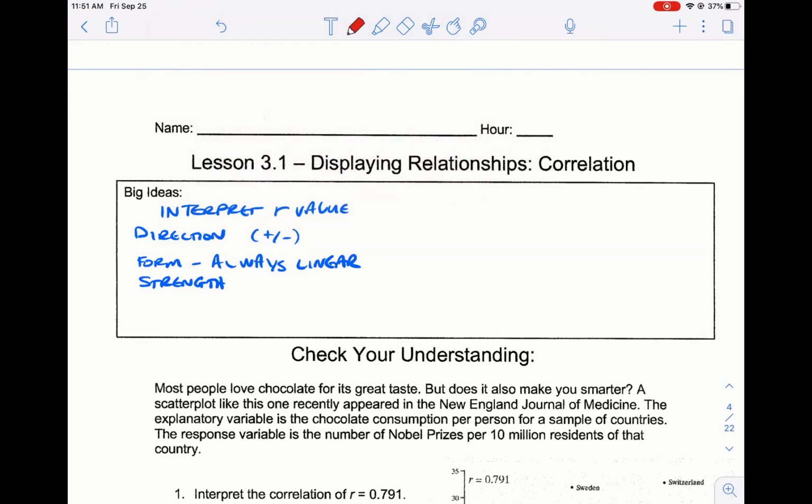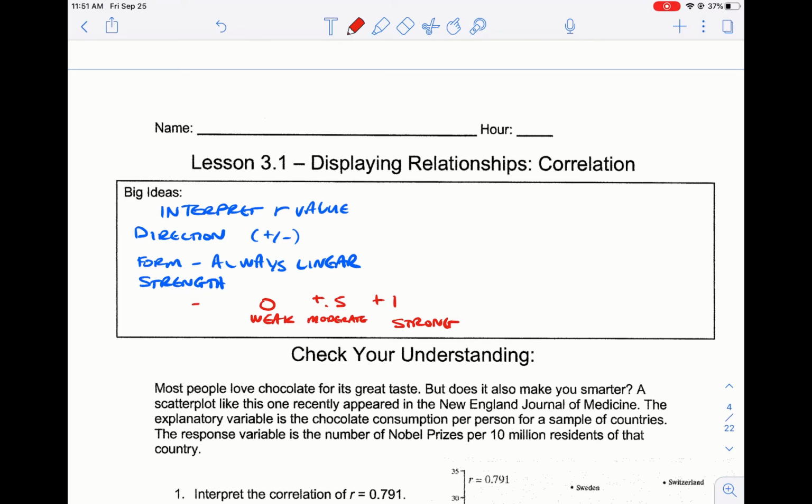And our R value goes on a spectrum with 0 in the middle being weak. And as we move out from there, a positive 1 would be strong. So it'd be like a very strong positive. Anything that is close to that 0.5 or between 0.5 and 1, we could say something like moderate.